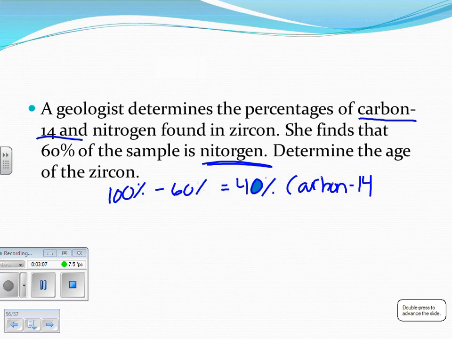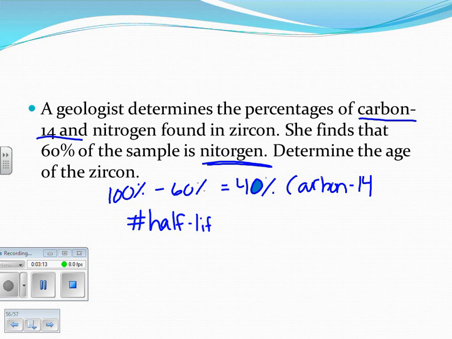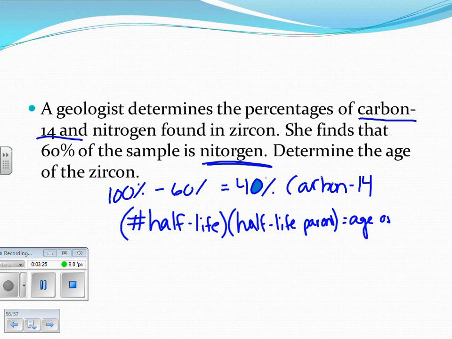So I take the number of half-lives and I multiply it by the half-life of the parent. Okay, this will tell me the age of the fossil, or in this case, the zircon is a fossil.